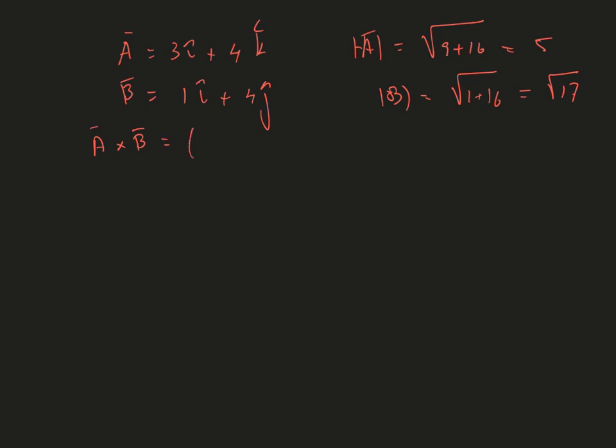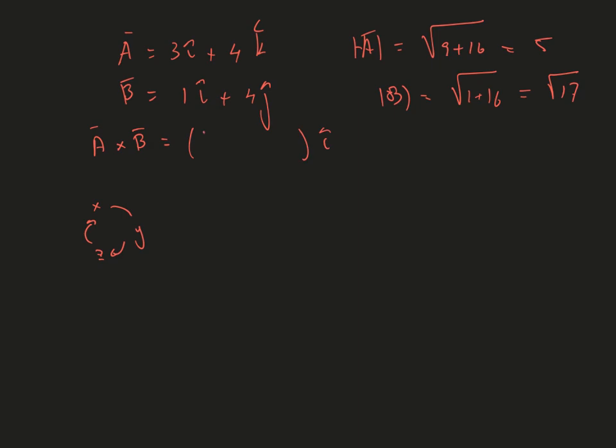A cross B is AX, AY, AZ. Maybe this rule is working. Let me check carefully that I didn't make any mistake. A cross B will have some component in the I direction. What is the component in the I direction of A cross B?